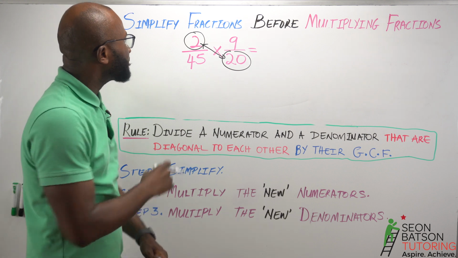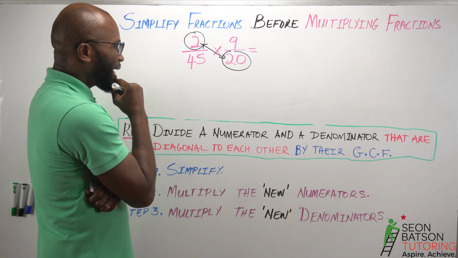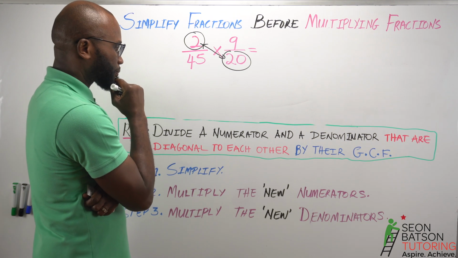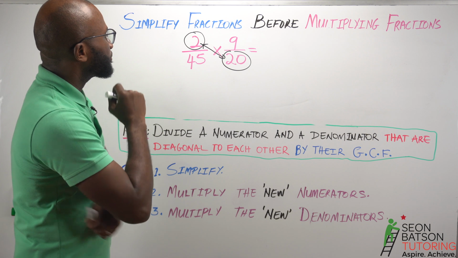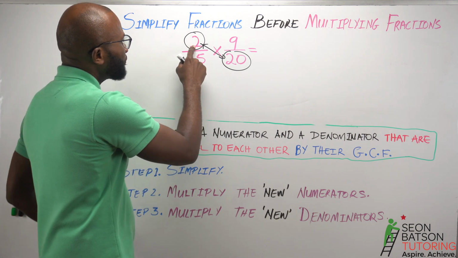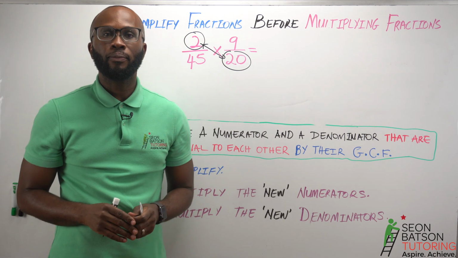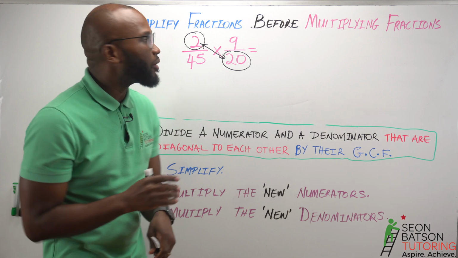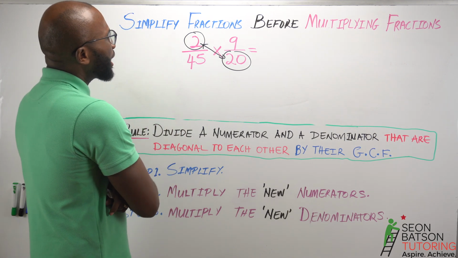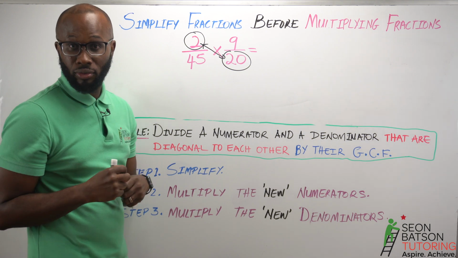Yes? All right. To simplify 2 and 20, the rule says we can divide them by their greatest common factor. The greatest common factor of 2 and 20 will be the biggest number that can go into 2 and 20 evenly. Yes? Now, the biggest number that can go into 2 and 20 evenly is 2.